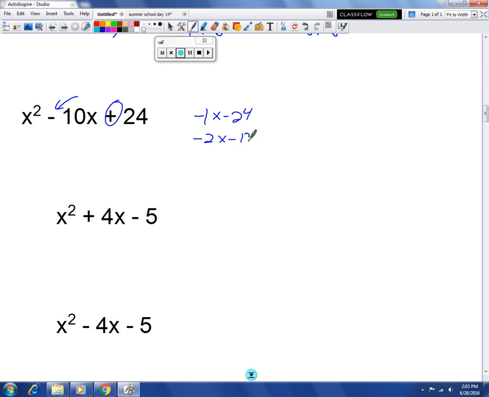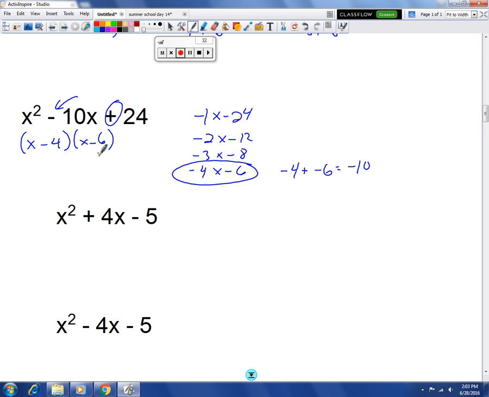Negative 2 times negative 12, negative 3 times negative 8, negative 4 times negative 6. These two add up to negative 10. It's so good if you can add and multiply your signed numbers. So x minus 4, x minus 6.